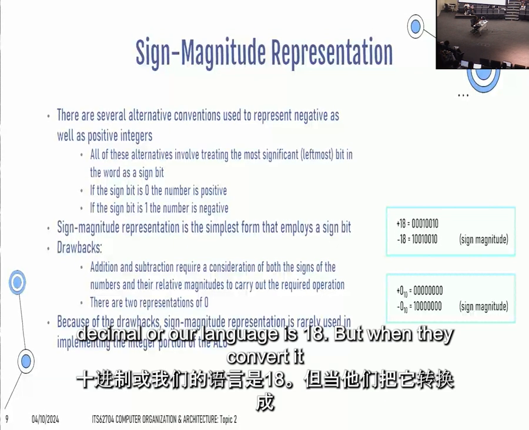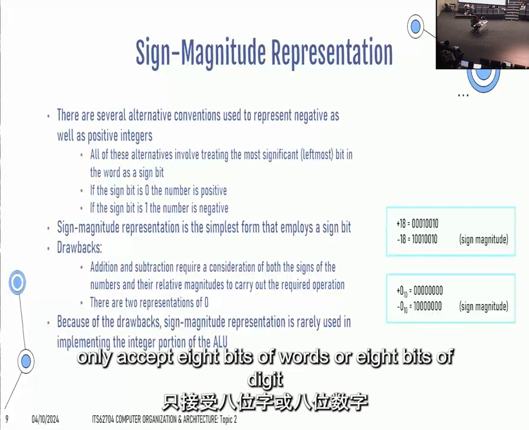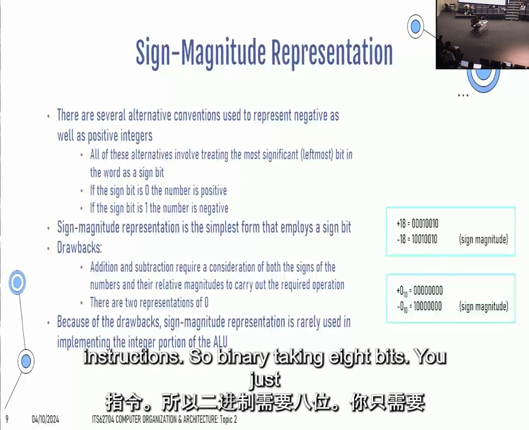But when they convert it to binary, you need to understand the computer instruction only accepts 8 bits of words, or 8 bits of digits, or 8 bits of characters, for that particular instruction. So binary takes 8 bits.